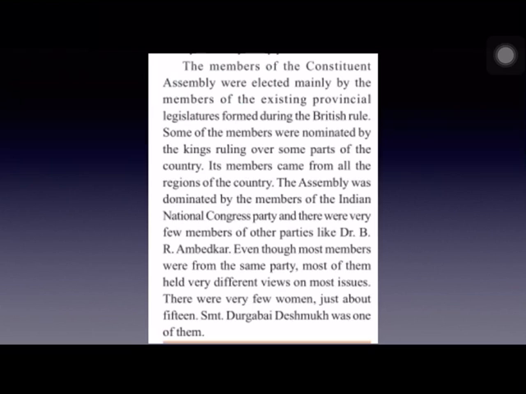B.R. Ambedkar, Sarojini Naidu, N.G. Ranga, T. Prakasam, Nehru, all these were some of the members of the Constituent Assembly. And there were only very few women members, about 15 women members in the Constituent Assembly.